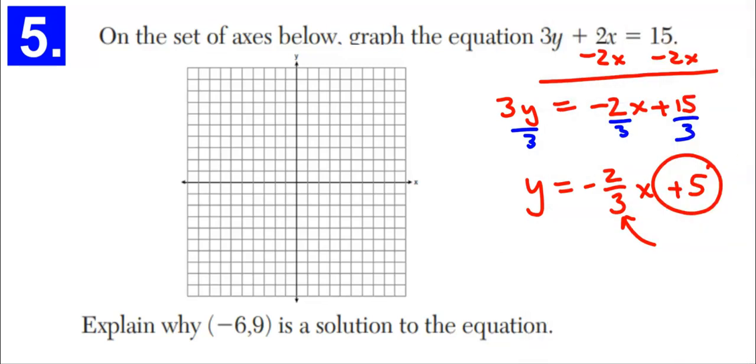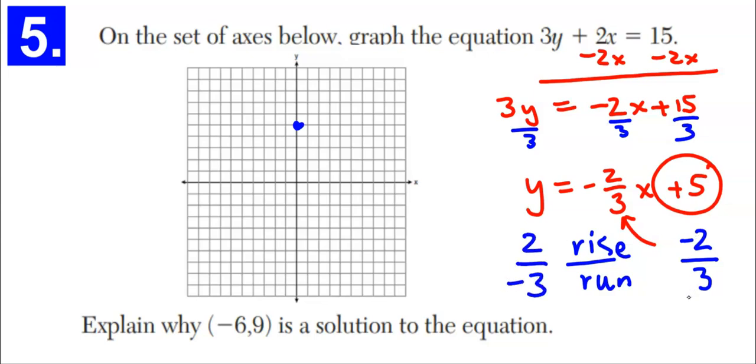If you're graphing using the slope-intercept technique, you start at the y-intercept, which for us is 5. So you draw your first point at 5, and then you follow the rise and run of the slope. And because there is one negative sign, you can only give it to one of these numbers. And it doesn't matter if you give it to the numerator or the denominator.